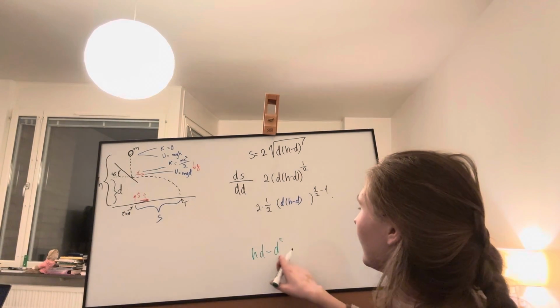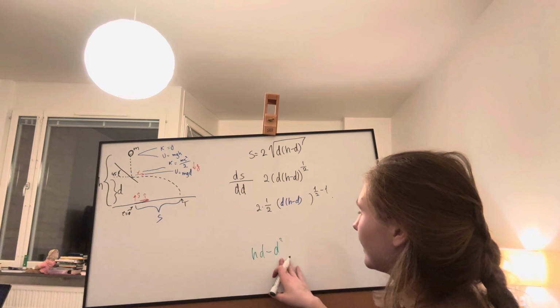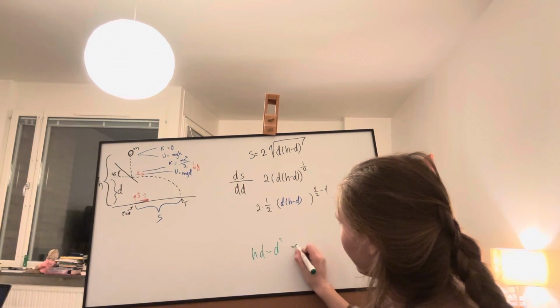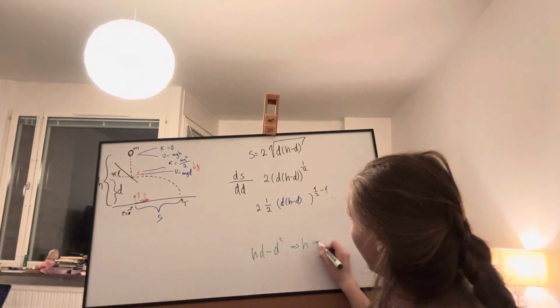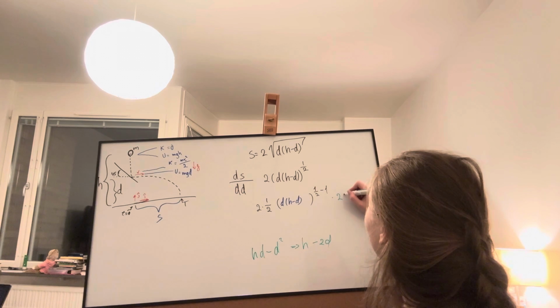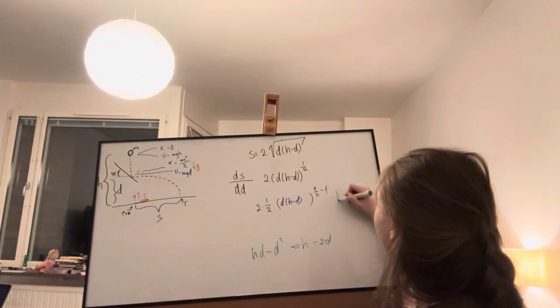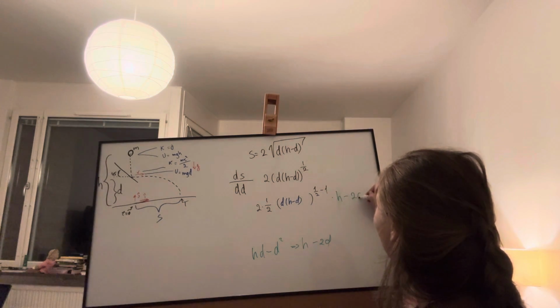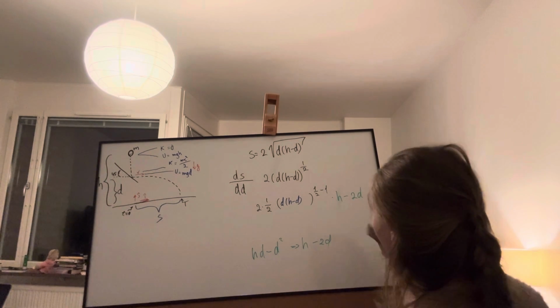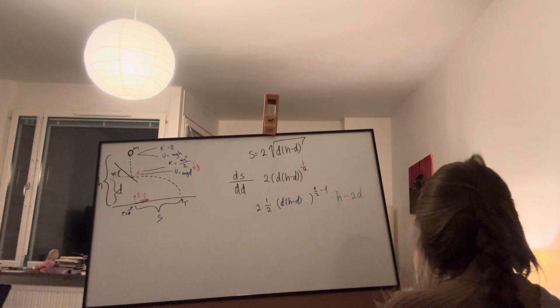So we treat the d as an x, and so it becomes h minus 2d, and so we can rewrite it to make it pretty.